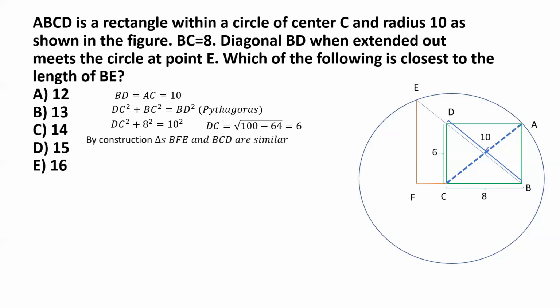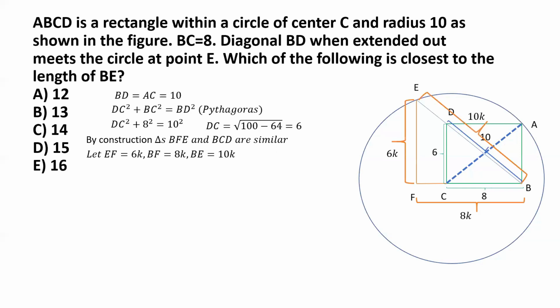The bigger triangle, triangle BFE, and then the smaller triangle, triangle BCD. And we already know what the sides of triangle BCD are. They are 6, 8, and 10. So the sides of triangle BFE will be proportional. And we can write those sides as EF equal to 6K, BF equal to 8K, and BE equal to 10K, where K is some constant of proportionality.